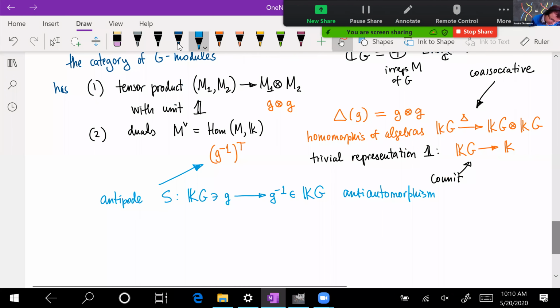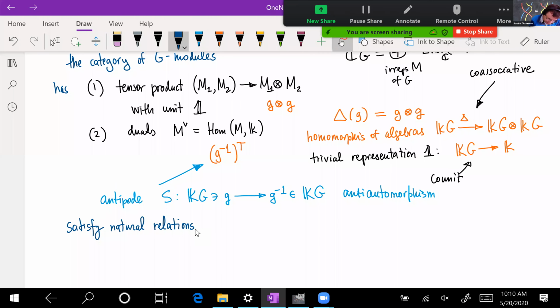And they satisfy all sorts of natural relations. Such as, for example, if you want to write the fact that G times G inverse equals G inverse times G equals one in the group, then this means graphically.